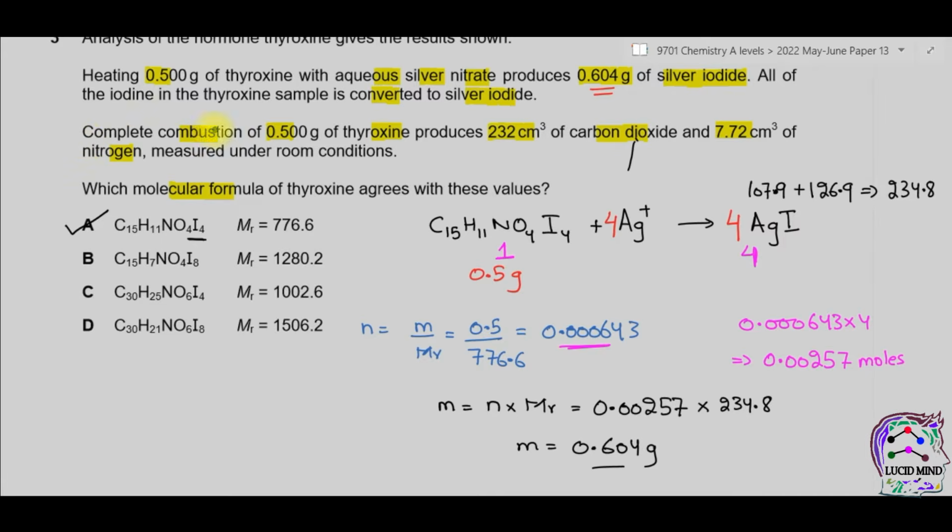Now let's move to the second reaction in which complete combustion occurs. 0.5 grams of thyroxine produces this much CO2 and this much nitrogen. So now we can write another equation. We have C15H11NO4I4.